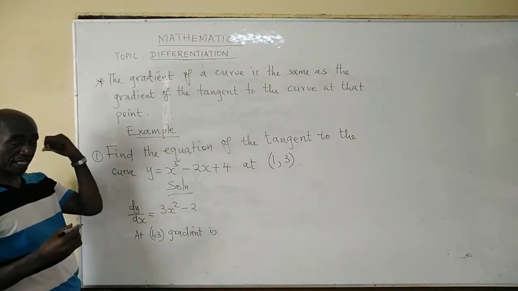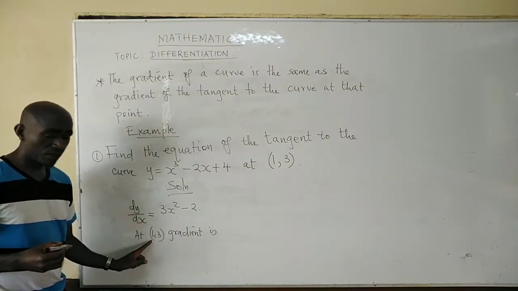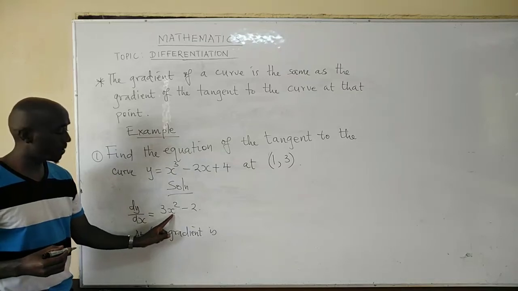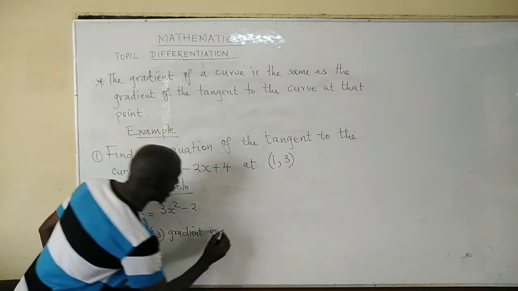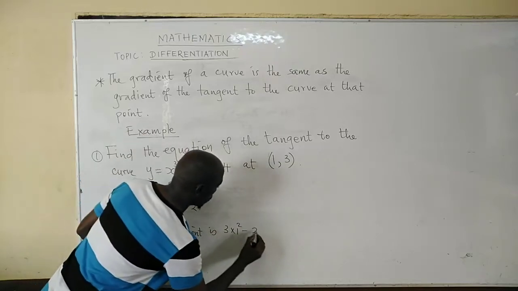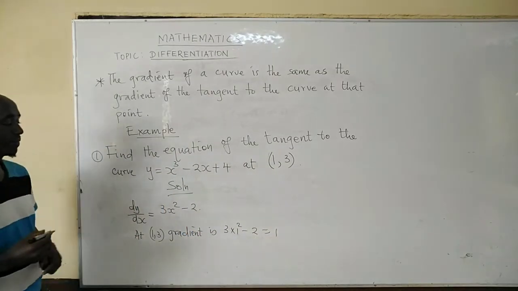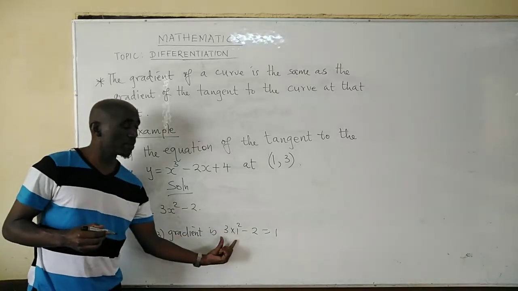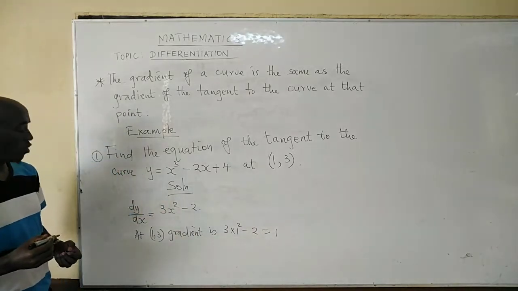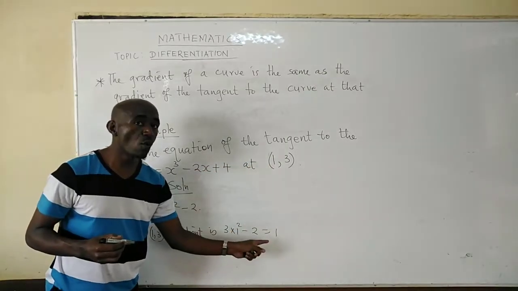We apply what we learned in our previous lesson. You replace x with 1, because the x coordinate here is 1. So we have 3 times 1 squared minus 2, which gives you 1, because 3 times 1 squared is 3, and 3 minus 2 is 1. So the gradient of this curve at (1, 3) is 1.